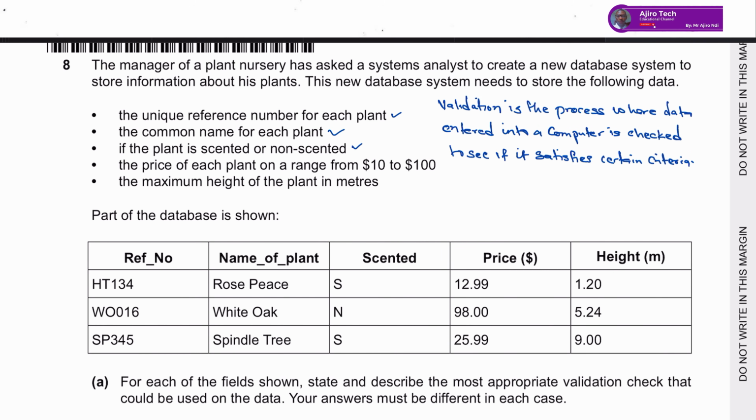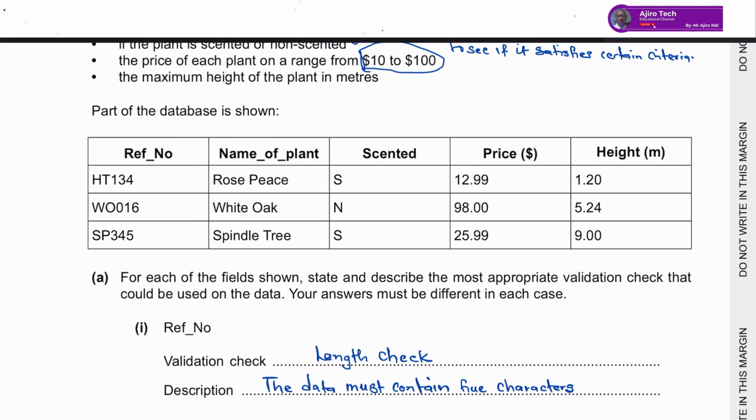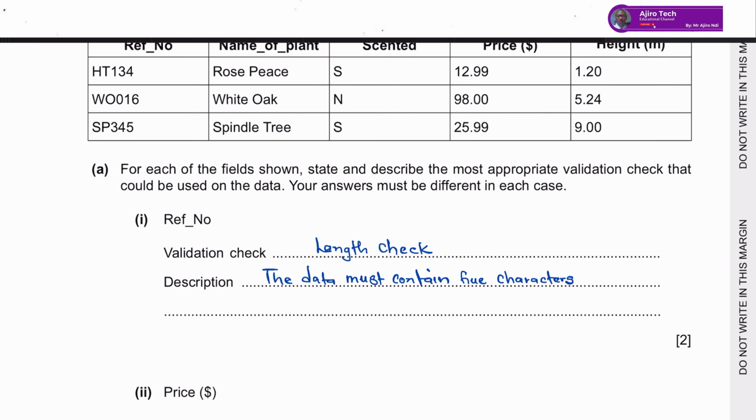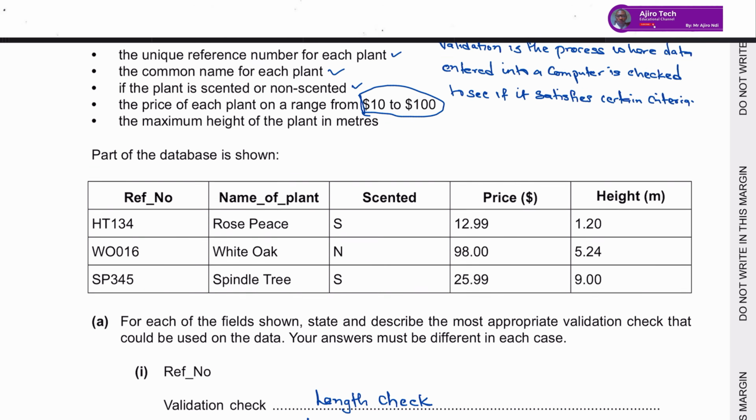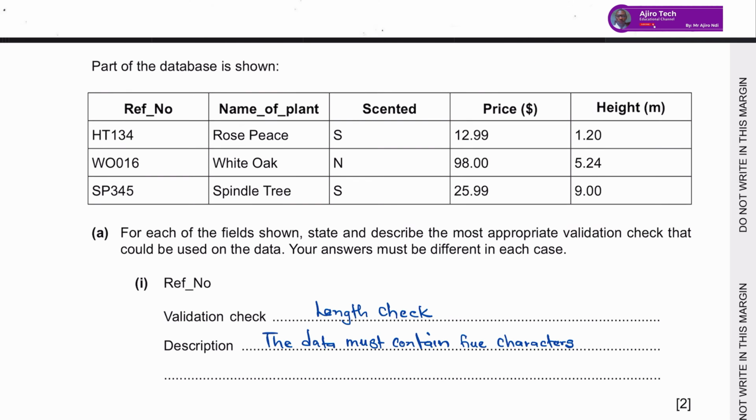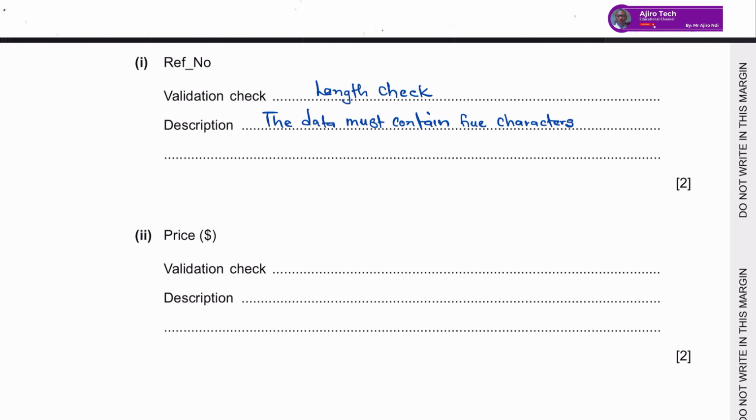They said the price of each plant ranges from this to this, so this is an indication that it is a range check, right? And it could also be of type because it contains only numbers, literally. So what are we going with? I'll just go with range check.